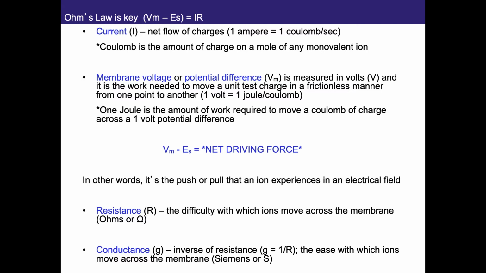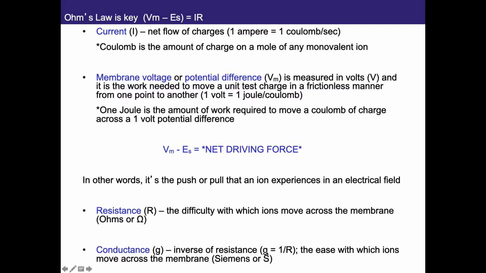Conductance is just the inverse. Conductance is usually depicted as a small letter g. It has units of Siemens. I forgot to say that resistance actually has units of ohms. And conductance is the inverse of resistance. You can actually see the equation down here at the very bottom of the slide.